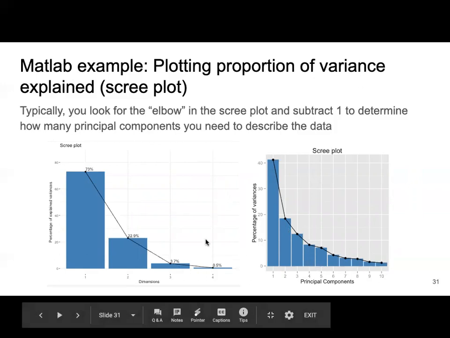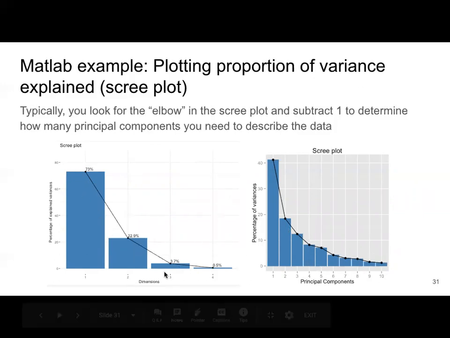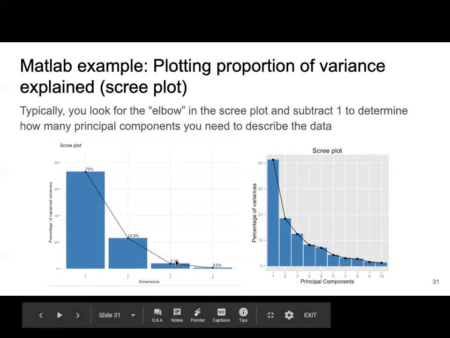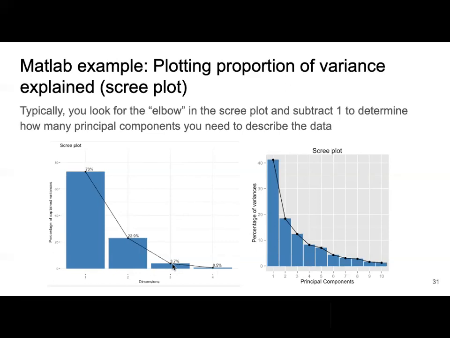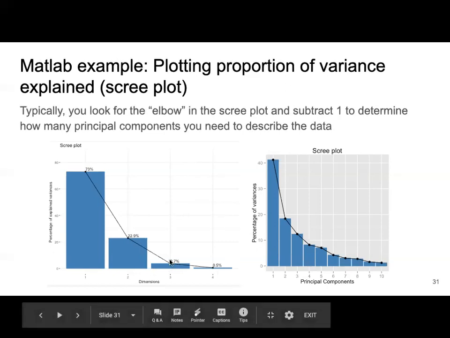Here, what you're looking for is what they call an elbow in the plot. So here, I would say the elbow is here. That's where the line turns, and then you go back one. So in this example, two components would be good enough to describe the data.